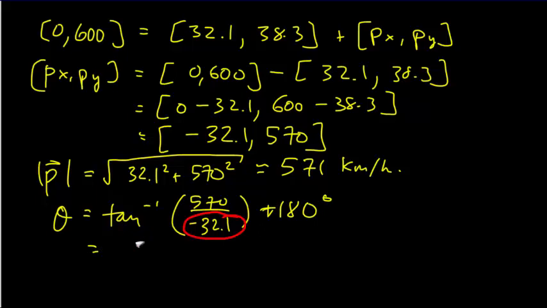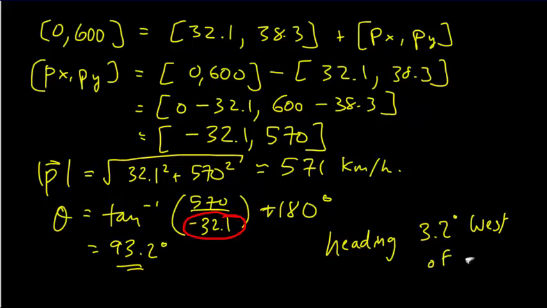And when you plug that in, you should get an angle of 93.2 degrees, and that's the polar angle. So if we express that as a heading, it would be about 3.2 degrees west of north. So our final heading would be 3.2 degrees west of north.